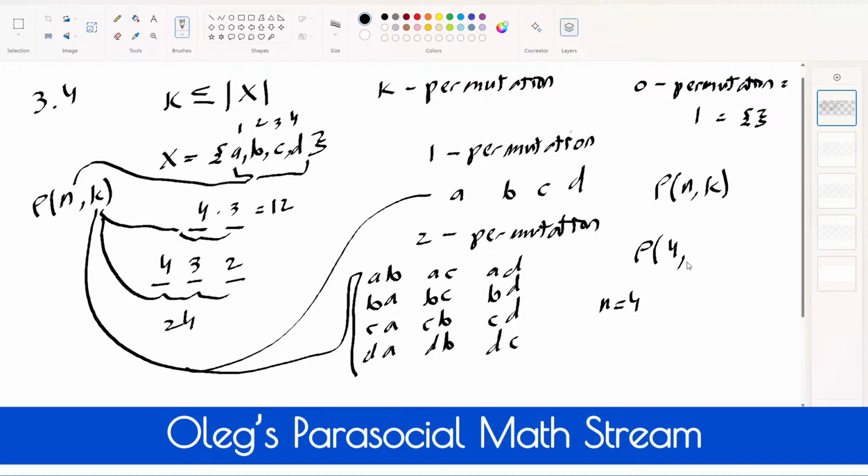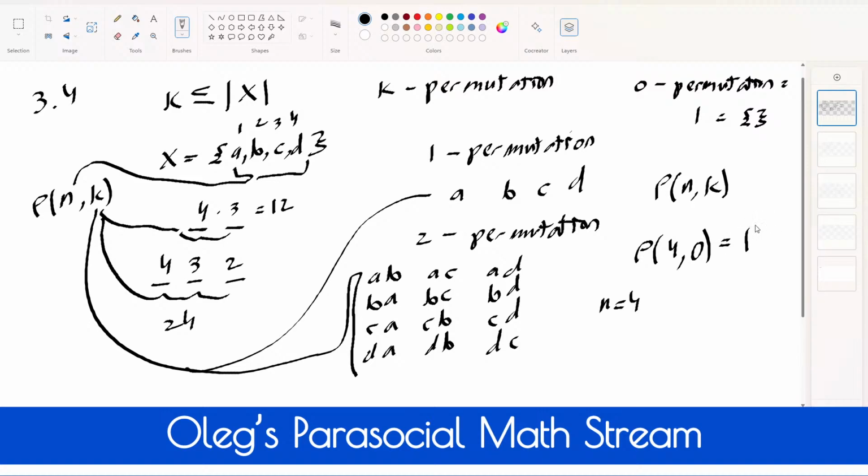And now we want a list of length 0. Does it exist? Of course there is. It's the empty set, and there's 1 of them.